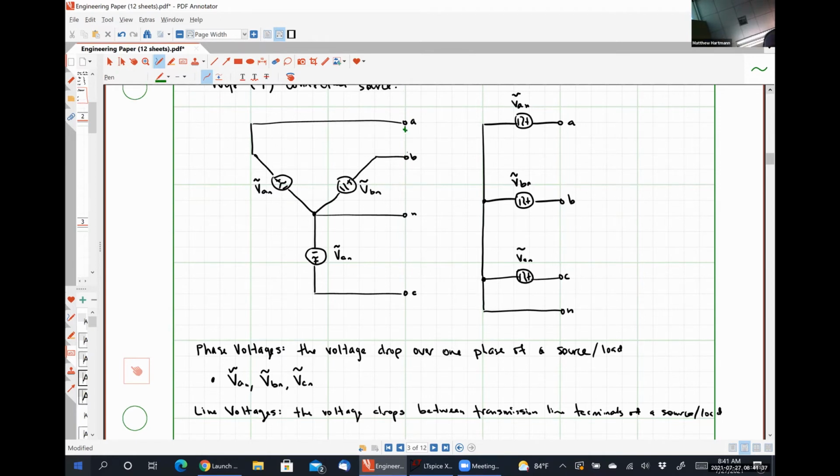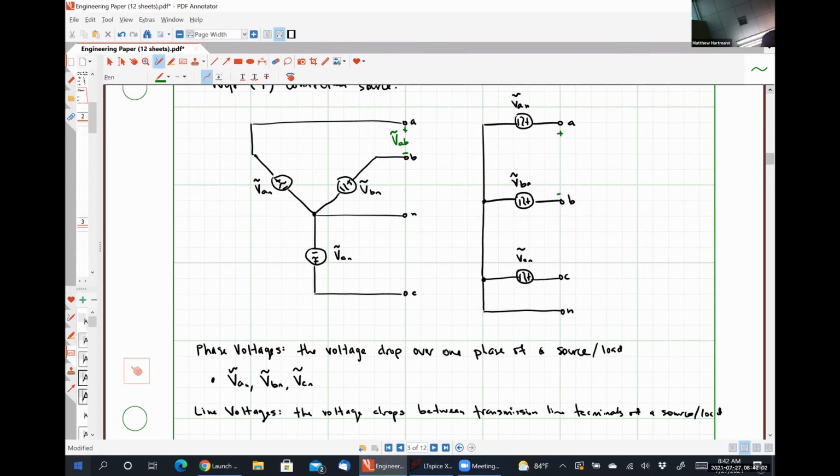This voltage between transmission line terminal A and transmission line terminal B is a line voltage because terminal A is associated with the positive polarity, that's the first subscript. Terminal B is associated with a negative polarity, so that's the second subscript. So VAB is a line voltage.